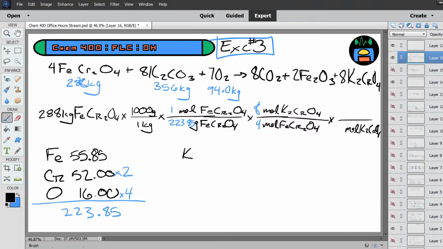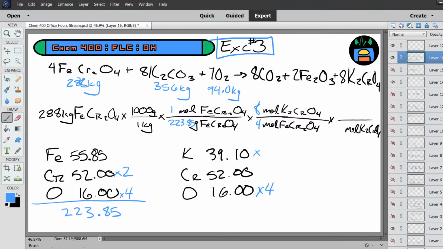And potassium is around 40. It's like 39.10. Chromium, as we already know, is 52.00. Oxygen is 16. And we are dealing with 4 oxygens and 2 potassiums.